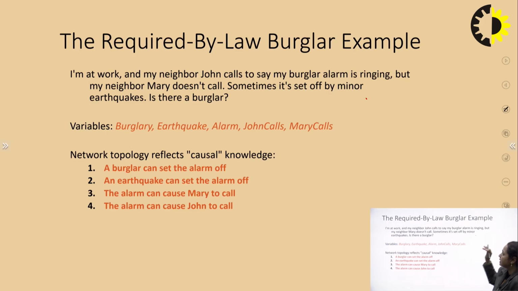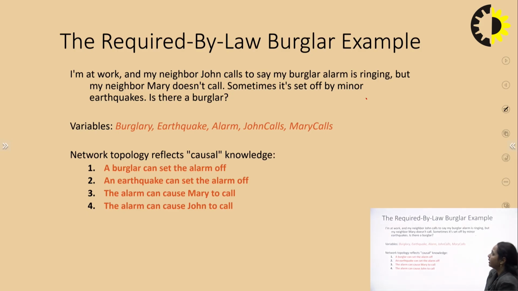This is the problem statement: one neighbor calls me that my burglar alarm is ringing, but another neighbor doesn't call, and sometimes the alarm rings due to minor earthquakes also. So, in reality, is there any burglar present in my house or not?